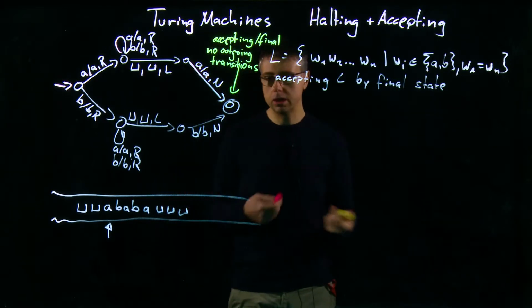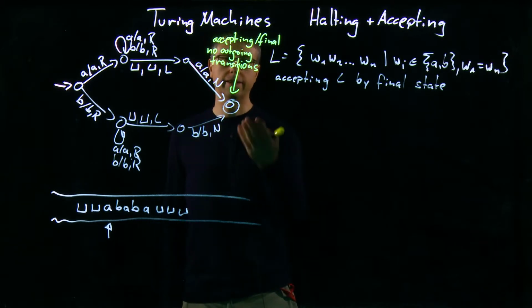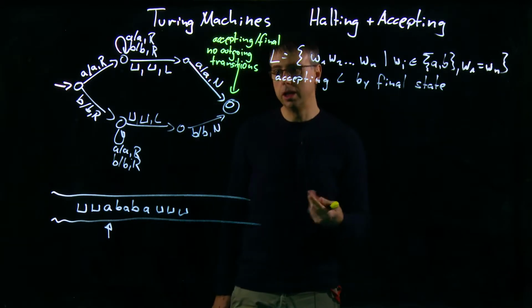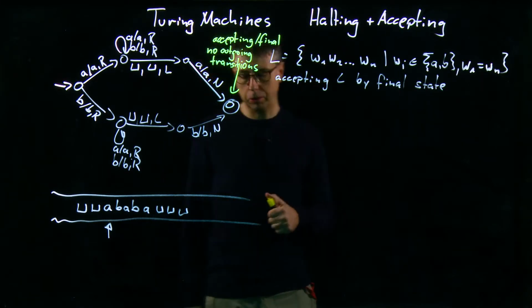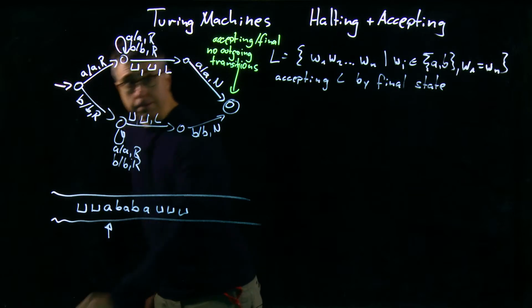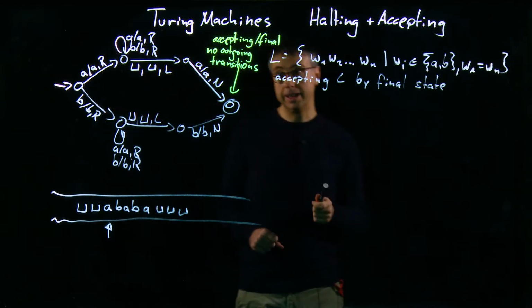Apart from that, it's no real restriction, because once we've reached an accepting state, we know that the word is accepted, then we can simply stop anyway, because then we know we have found an accepting run. Okay, this is accepting using final state.